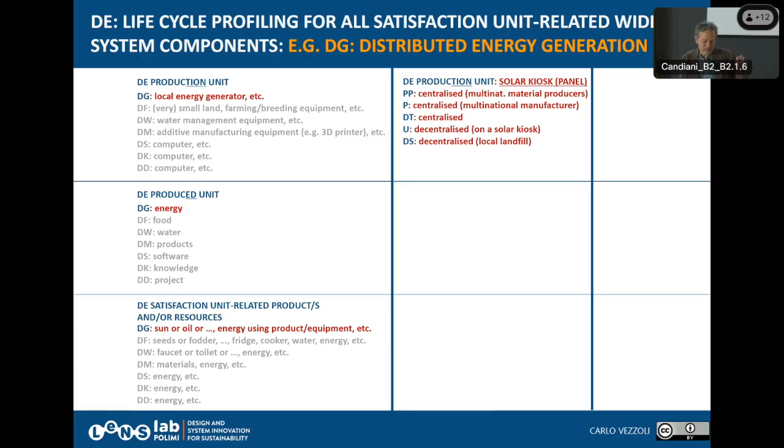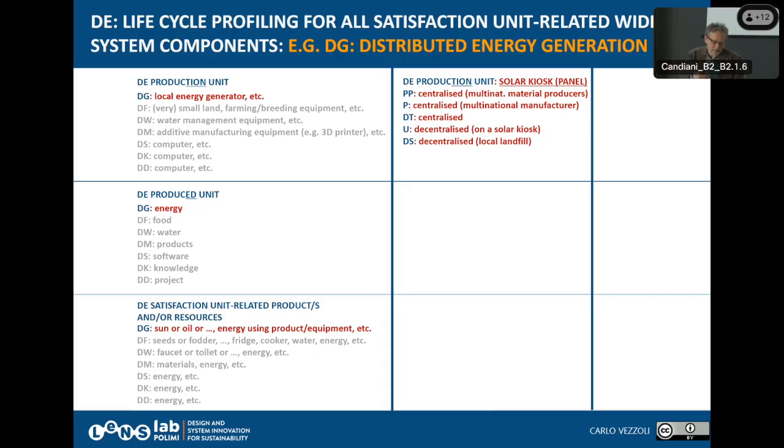If you look at the production, even the production is centralized, because it is a multinational manufacturer that is making this solar kiosk. Indeed, if the production is centralized, even the distribution is centralized, because it has to be distributed.